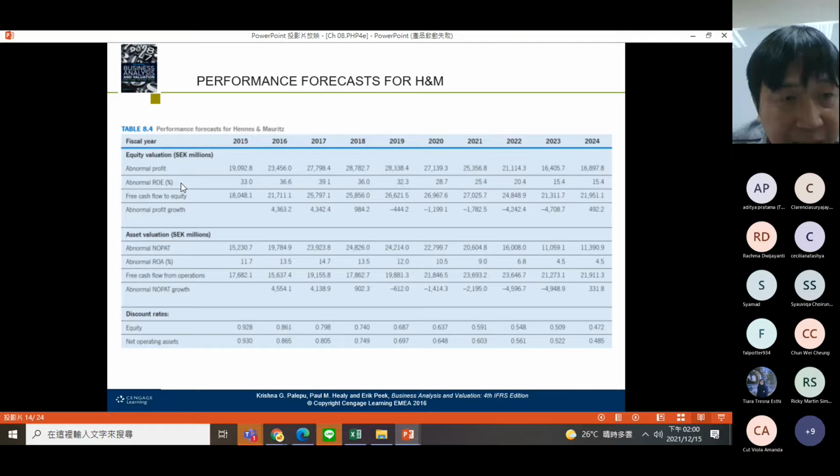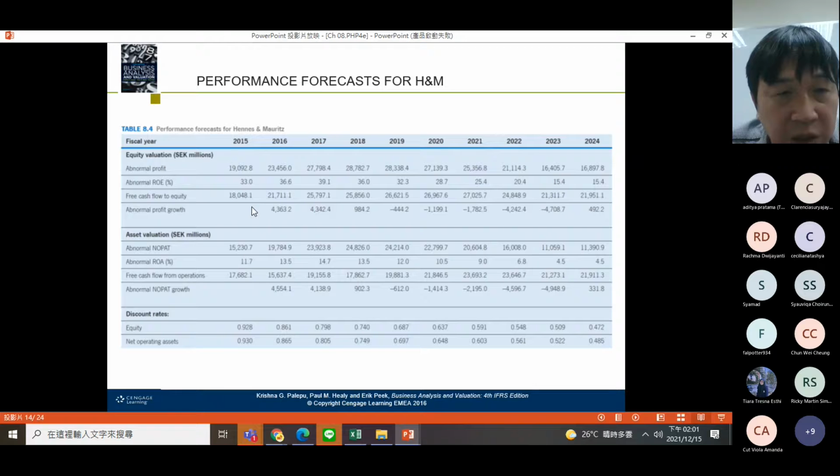It's the ROE. We know ROE, the definition is return on equity. The abnormal ROE here is 33, 36, 39 until 15.4. Free cash flow to equity.